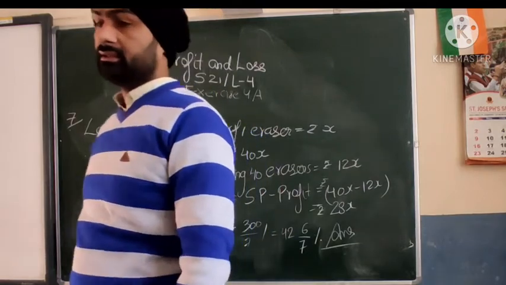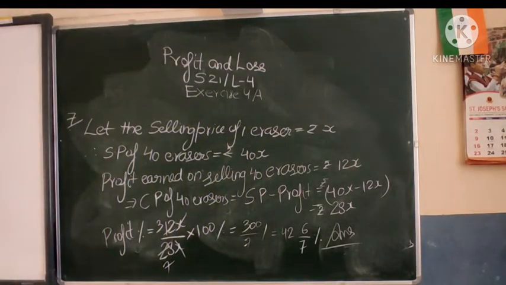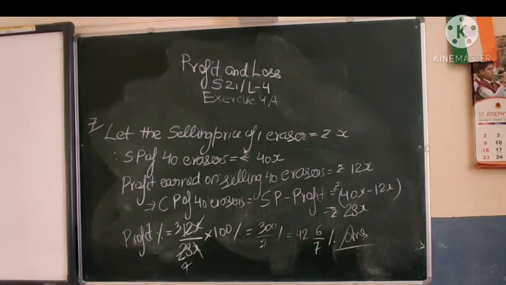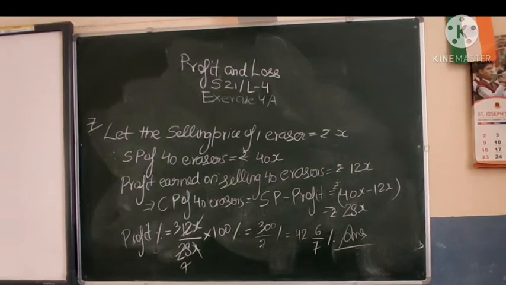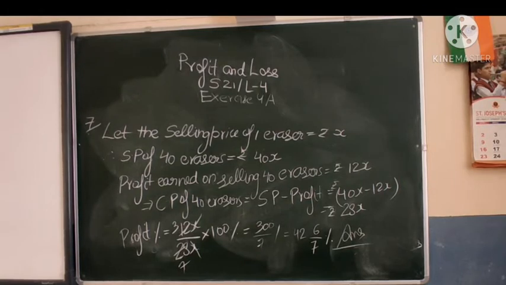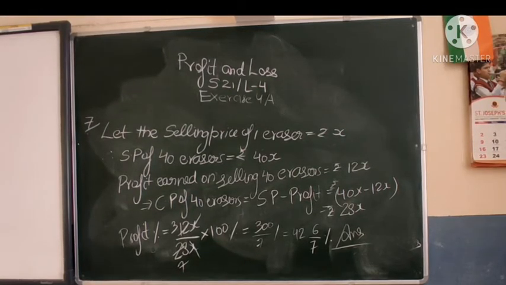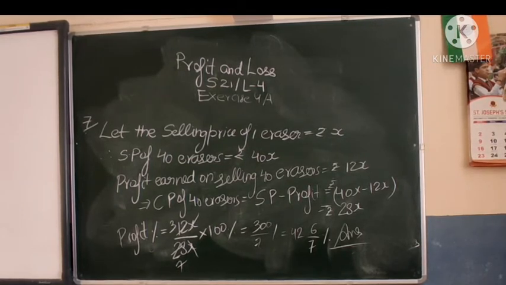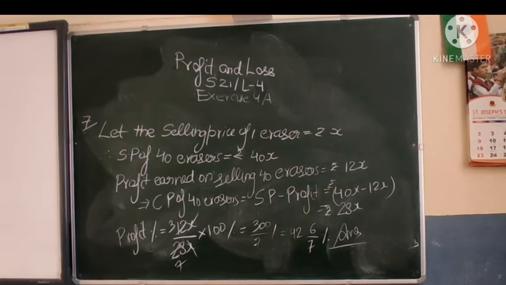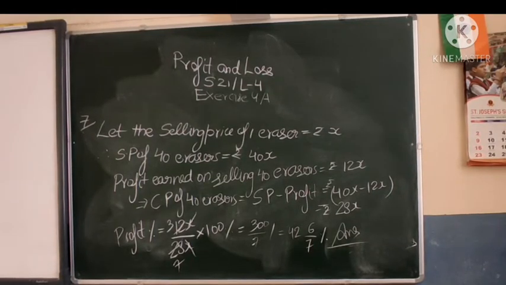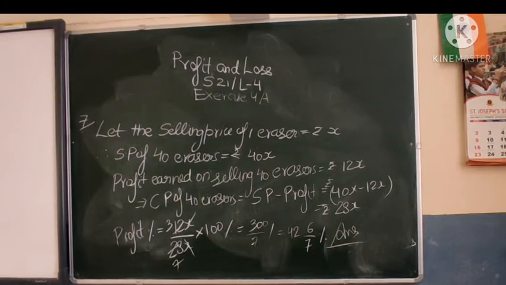Look at what I have done here. We obviously need to find the CP, because without the CP we cannot get the answer here. So what I do is calculate the SP first, because the profit is also given in terms of SP. So we calculate the SP of 40 erasers, and after that we calculate the profit.